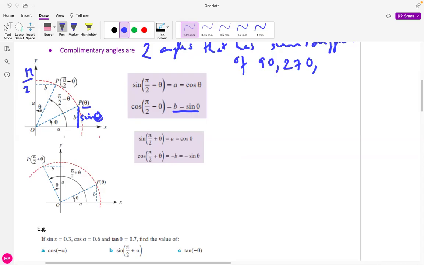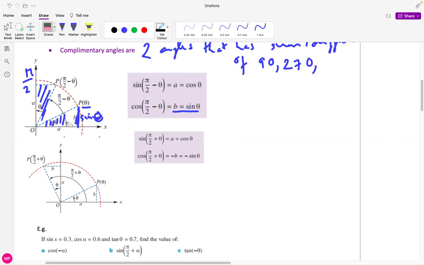Now, with the same amount of angle from pi over 2, if I go backwards theta, I'm going to have pi over 2 minus theta, which is this angle right here. Okay. Now, as you can see, this triangle and this triangle are congruent, so they're the same.